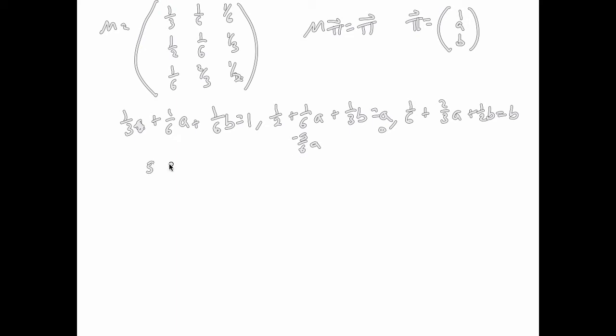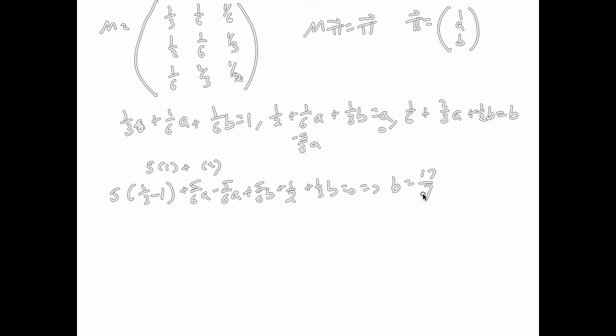So we'll take 5 times the first equation, add to the second equation with its negative 5/6 a, and if we do that, we end up with this outcome: 1/3 minus 1 plus 5/6 a minus 5/6 a plus 5/6 b plus 1/2 plus 1/3 b equals 0. Or if you go through and deal with this whole thing, you get b equals 17/7.